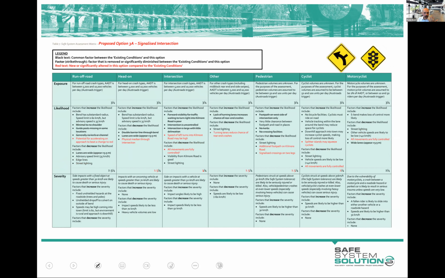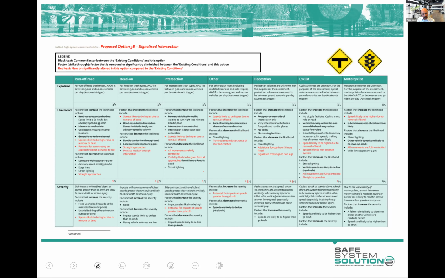You do it for each of the options you're presented with. So you grab the existing conditions and you paste it again, and you manipulate it. You grab the existing conditions again, you paste it, and you manipulate it.